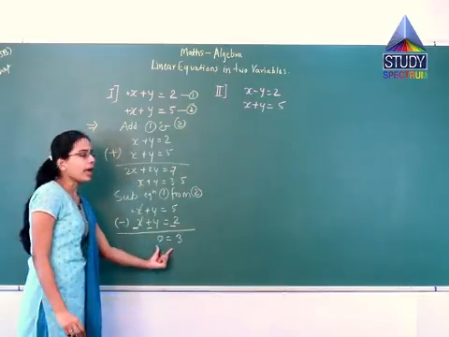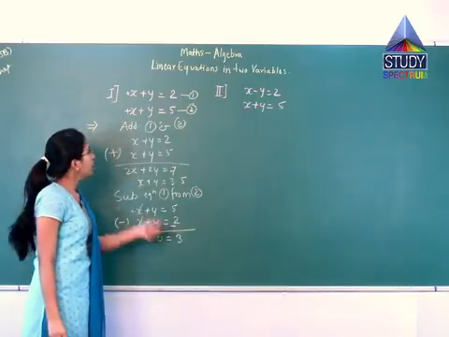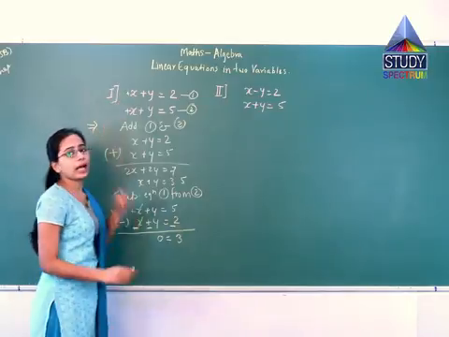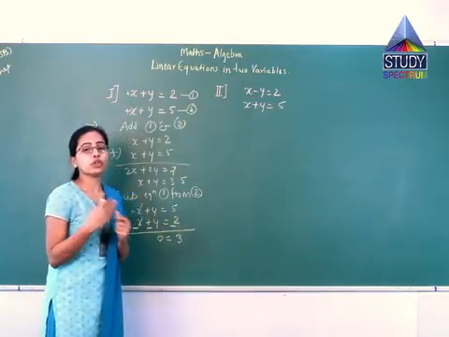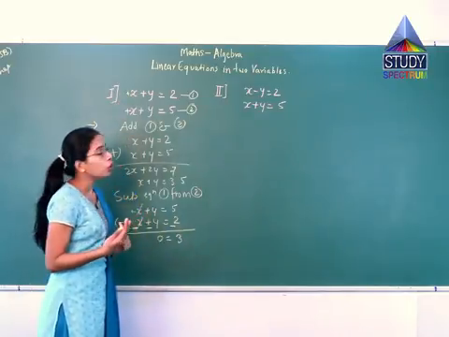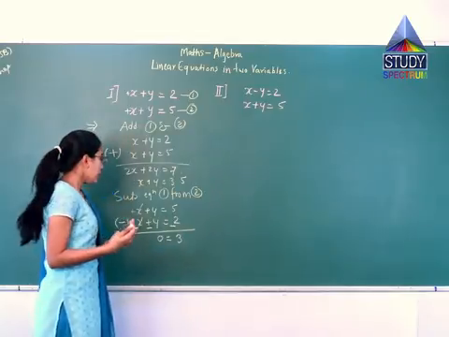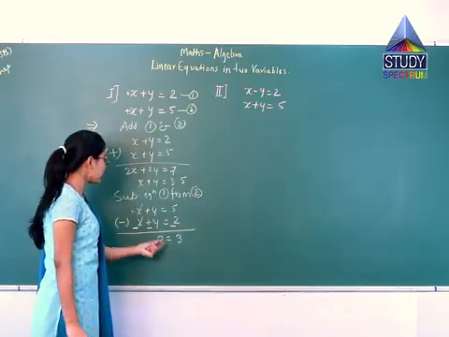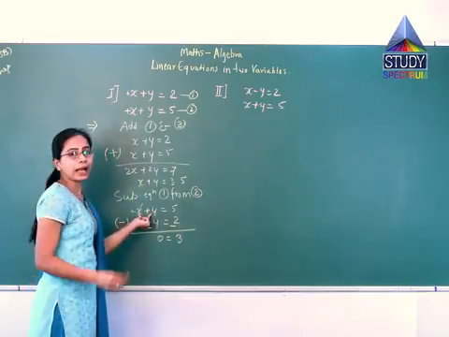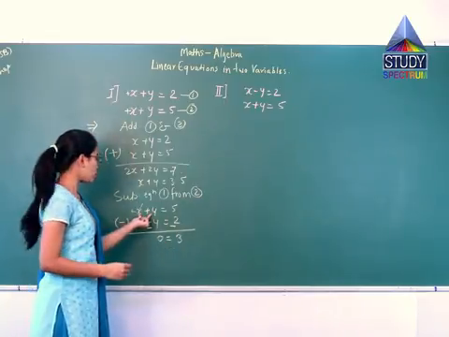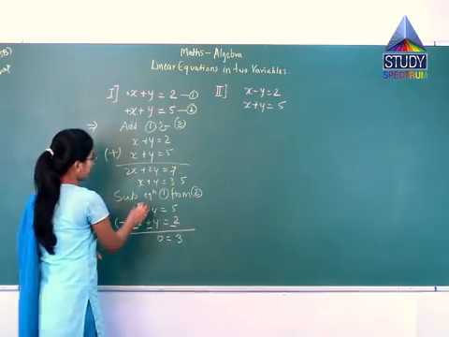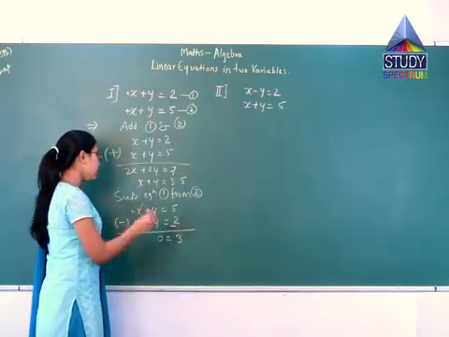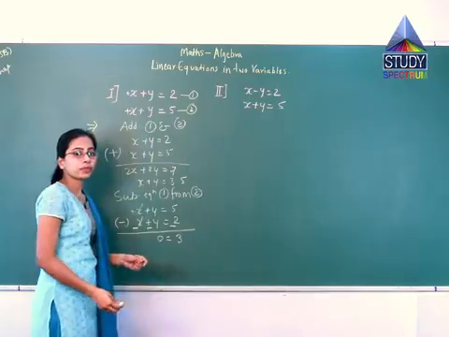Actually, why are we getting this kind of answer? Because I had taken these equations randomly just for your understanding. That's why we are not getting any solution, because x and y have particular values, so it is not possible that x plus y is 5 and again x plus y is equal to 2.